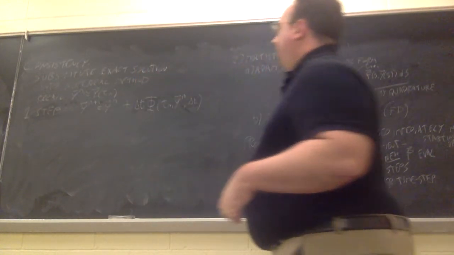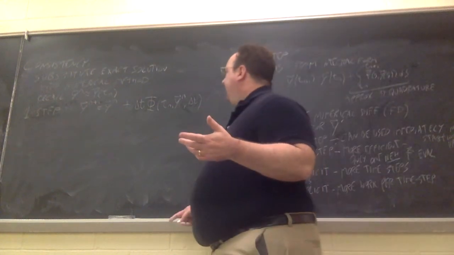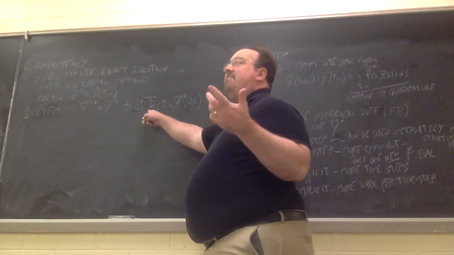Any one-step method, whether it's a Runge-Kutta method or something simple like Euler's method, can be written in that form. For Euler's method, this would just be f.